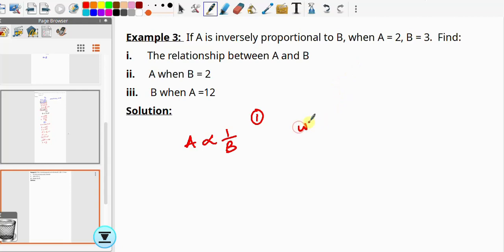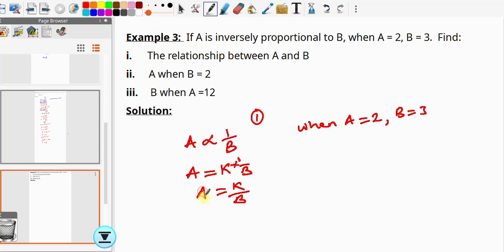When A equal to 2, B equal 3. Now let's substitute that. But before that, we know that we need to remove the proportionality sign and introduce equal and a constant. We have our A will be equal to K times 1 over B, which is the same thing as K over B.